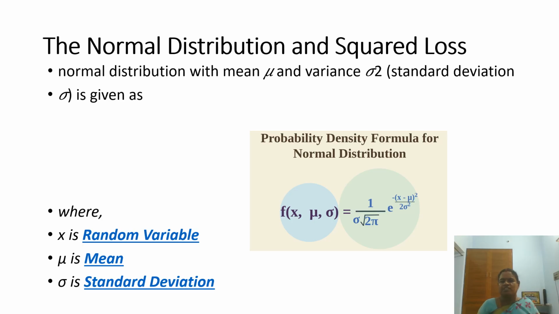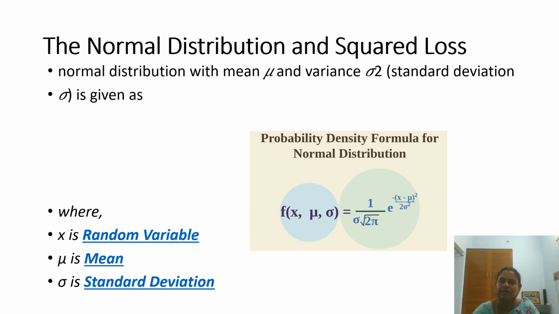The normal distribution with mean mu and variance sigma squared, that is standard deviation sigma, is given as f of x comma mu comma sigma, which is equal to 1 by sigma square root of 2 pi into e power minus (x minus mu) the whole square divided by 2 sigma squared, where x is a random variable, mu is the mean and sigma is the standard deviation.